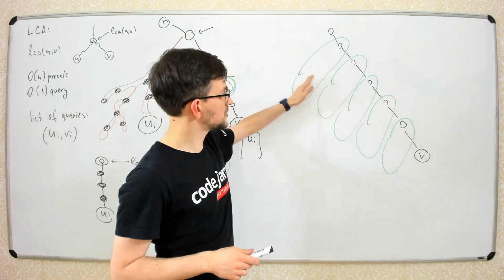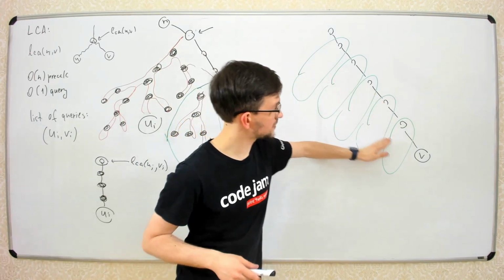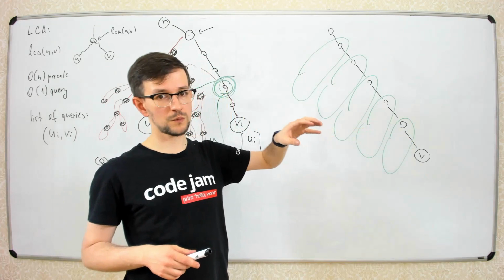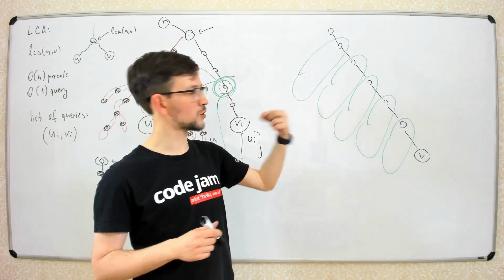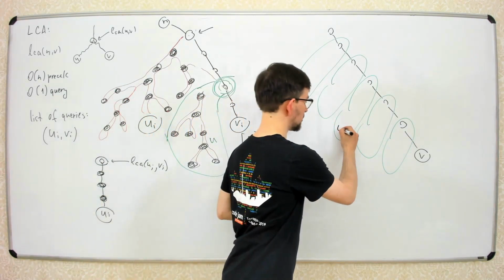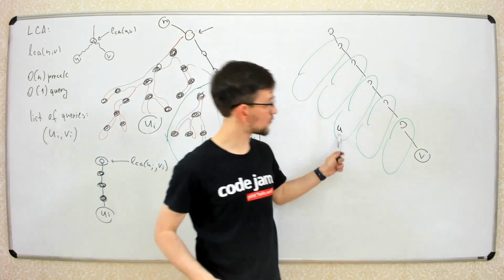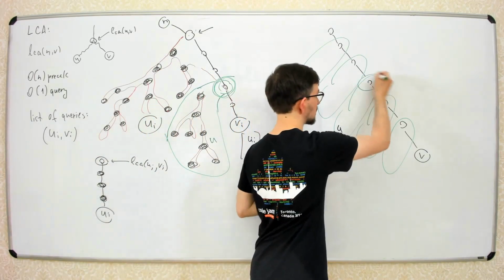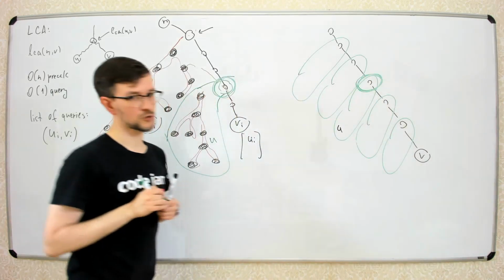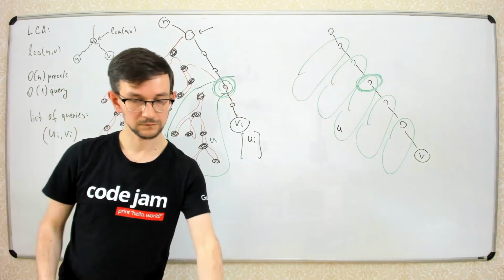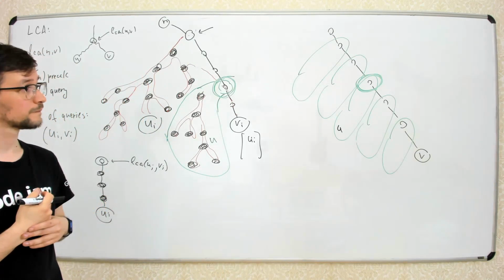And now we simply need to check which of these sets node U belongs to. So we look at the node U. If node U is in this set, then the LCA of U and V is basically the top node of this set. That's all.